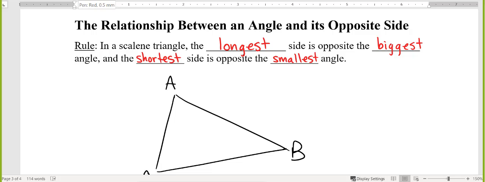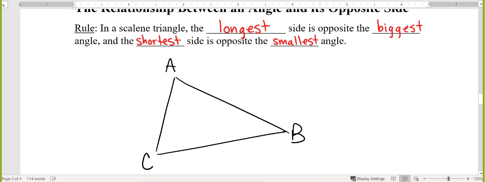So if you have a triangle, and I've drawn a triangle, the three vertices are A, B, and C. And we usually denote the vertices of a triangle with capital letters. And then if we look at the sides that are opposite, this would be side little a.